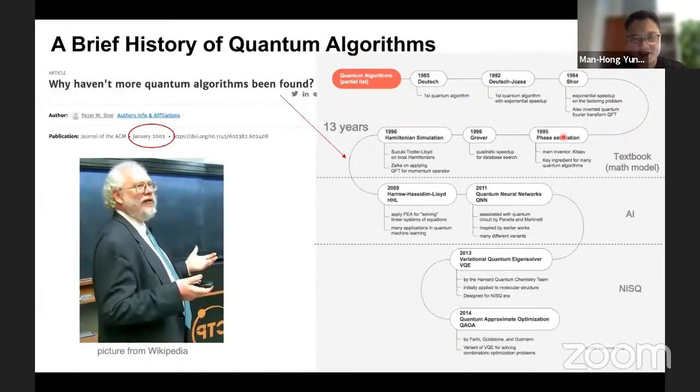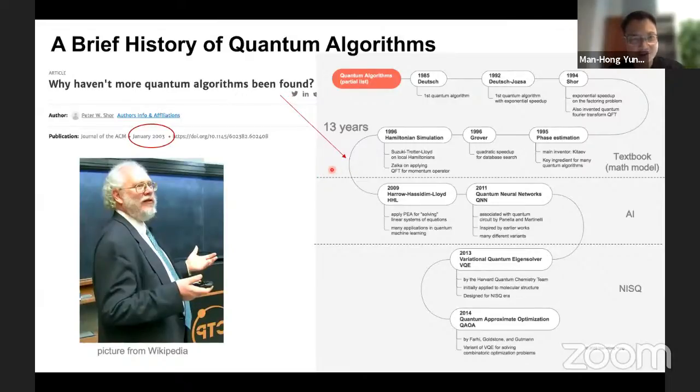This comment I actually took from my paper, the title paper of Peter Shor published in 2003, where Shor complained, why haven't more quantum algorithms been found?